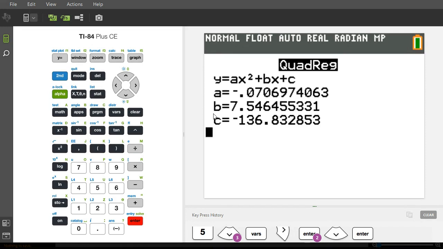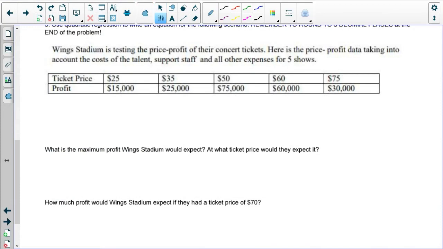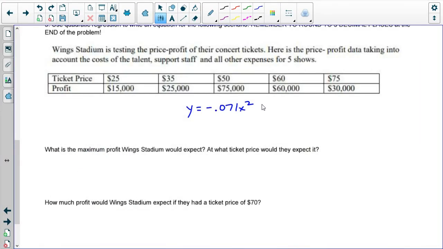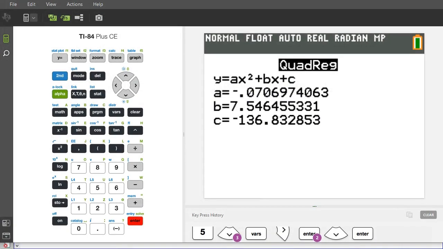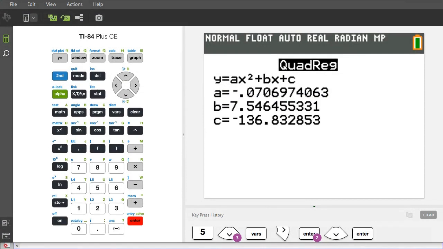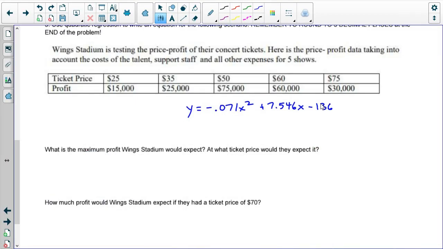So I have y equals -0.071x squared plus 7.546x minus 136.833.